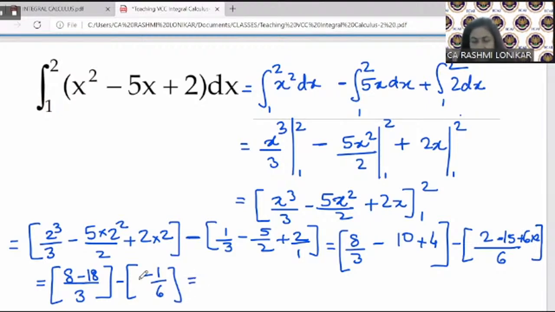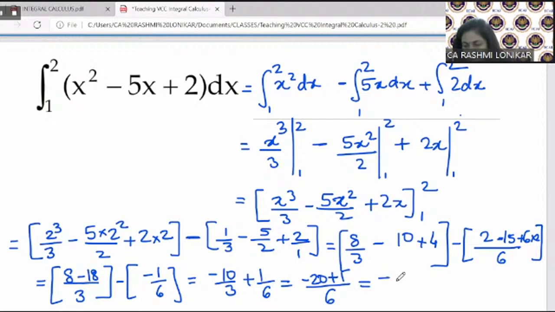So this is equal to 8 minus 18, which is how much? Minus 10 upon 3. Now this minus into minus will give you plus. So this becomes plus 1 by 6. Now what is the LCM of 3 and 6? 6. So this will be minus 20 plus 1 upon 6. How much is minus 20 plus 1? Minus 19 upon 6.